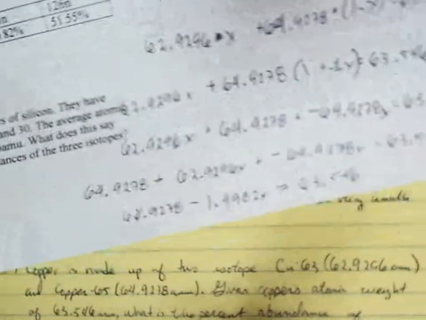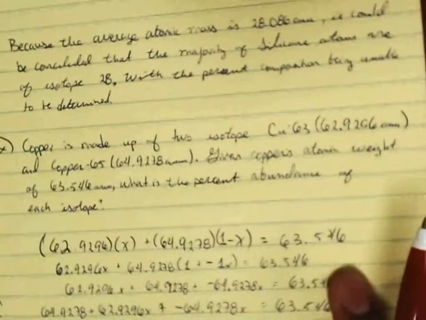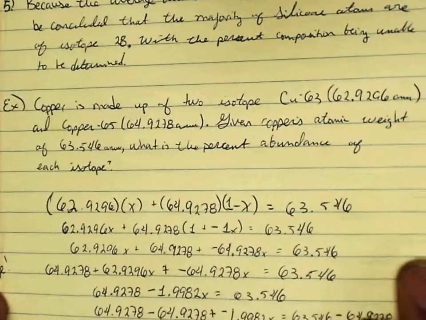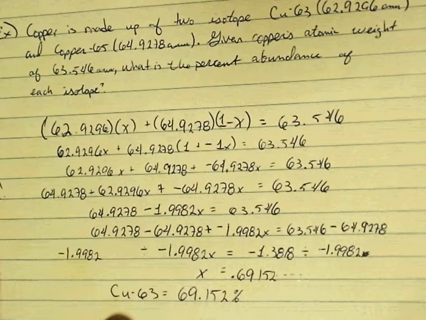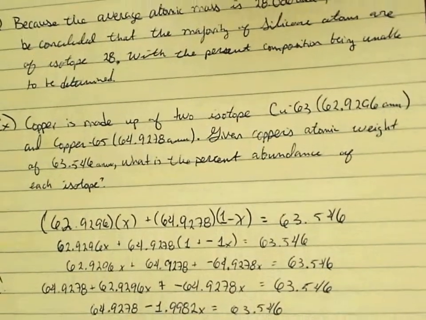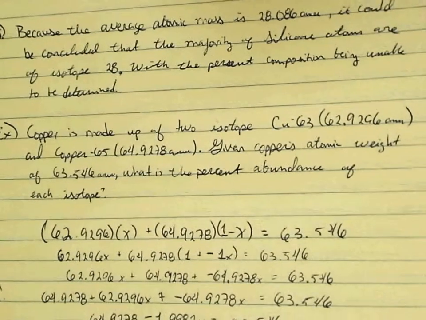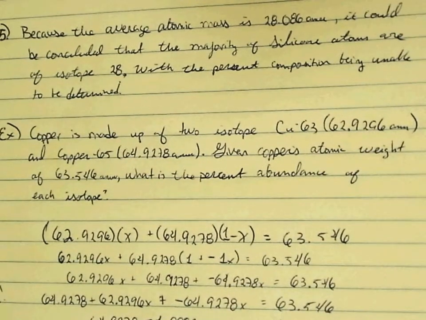Now, I have an example here. It's of copper. By the way, if you're good with the homework right now, you can pause it. If you would like to find out how you can solve for the percent of an isotope, then continue. Alright, so it says copper is made up of 2 isotopes.